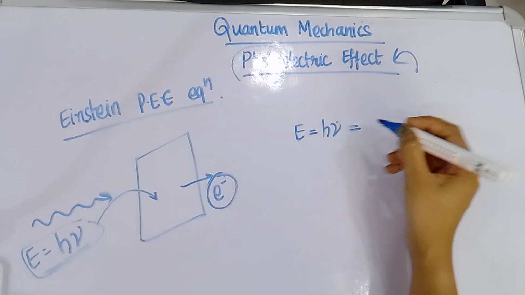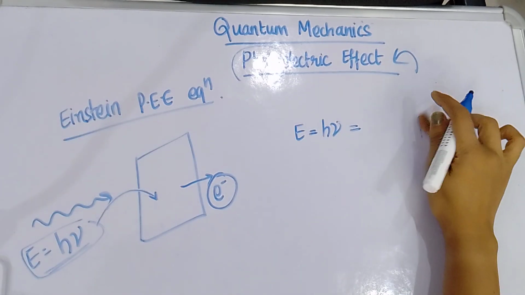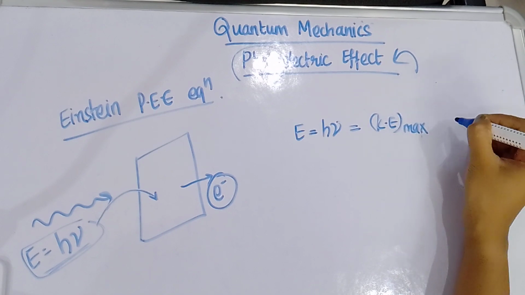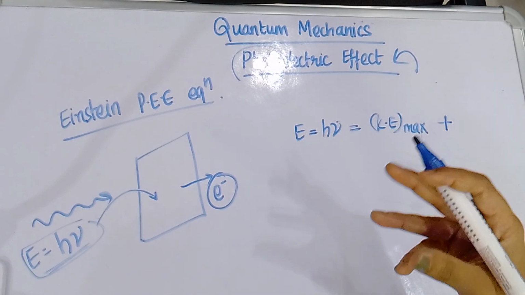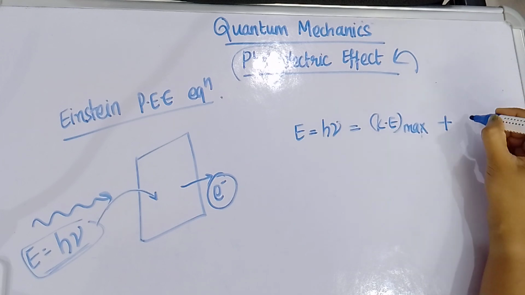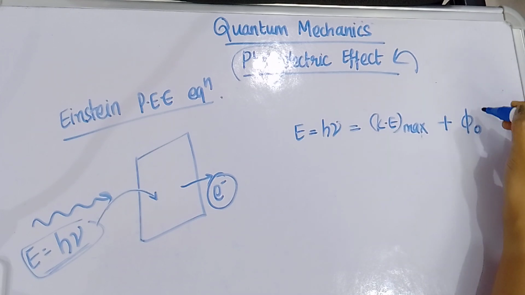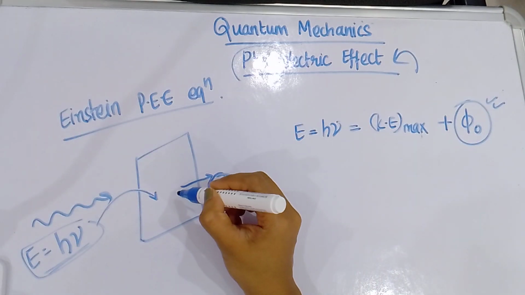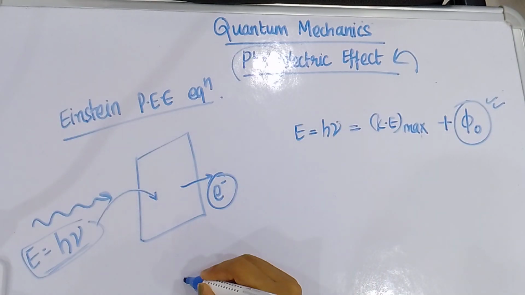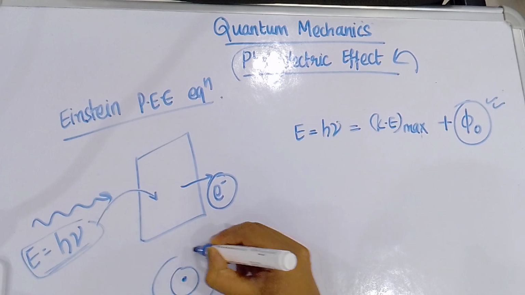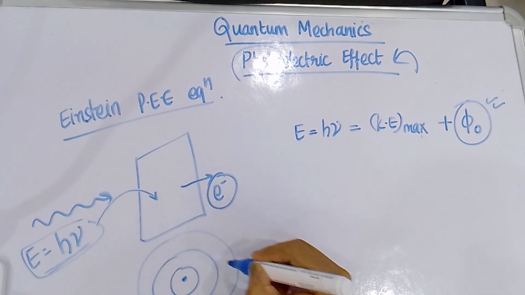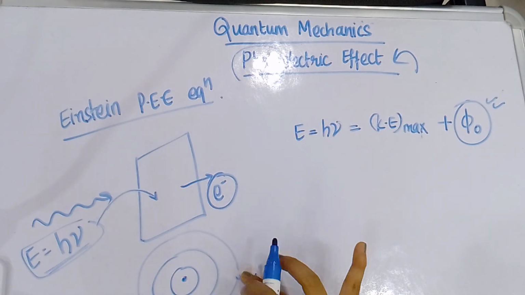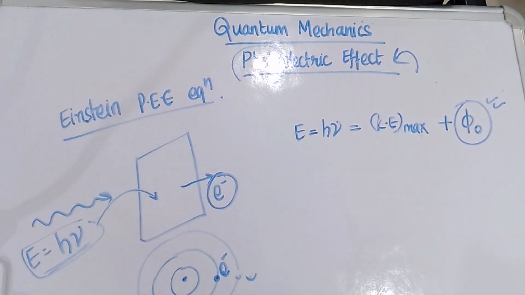The maximum kinetic energy of the electron plus there is some more energy given to something else, that is known as the work function. What is meant by work function is, this electron will be somewhere inside this shell, right? This is the atom, and somewhere here the electron is there.